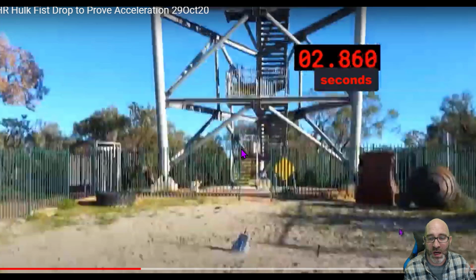And right there, I believe that the fist is encountering the ground and crushing a poor dinosaur underneath it. But that took 2.860 seconds for the fist to fall all 40 meters.